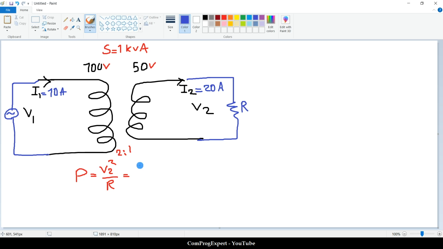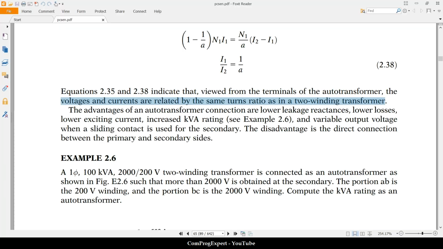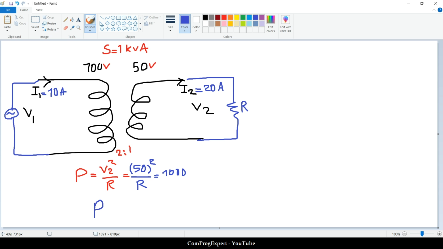So V2 is 50, and 50 to the power 2 divided by R is equal to 1000. I can calculate the value of R. How much is that? It is 50 to the power 2 divided by 1000, 2.5 ohm is the value of R. So when we set R equal to 2.5 and apply 100 volts here, we have this rated power.